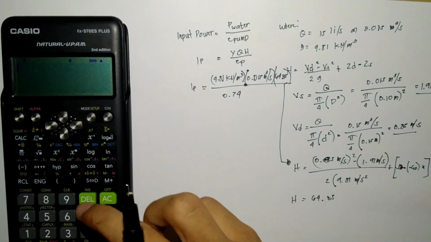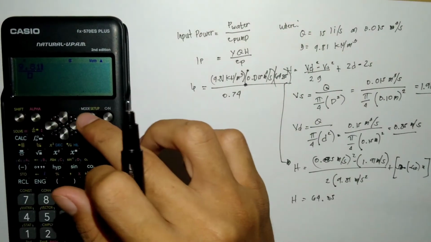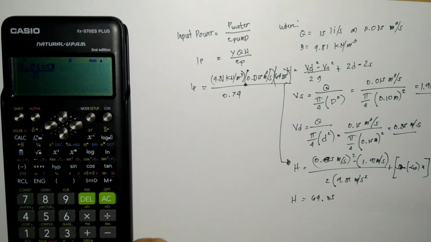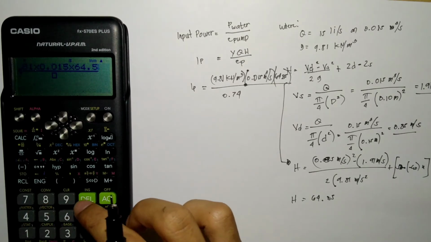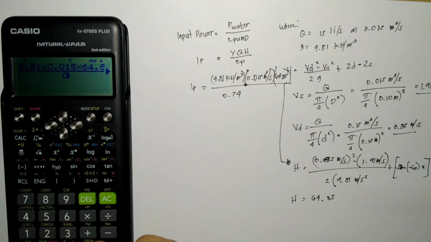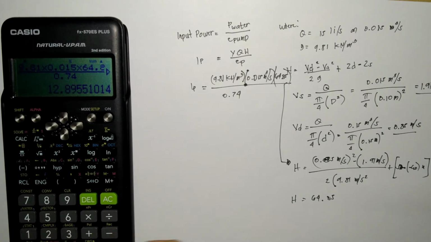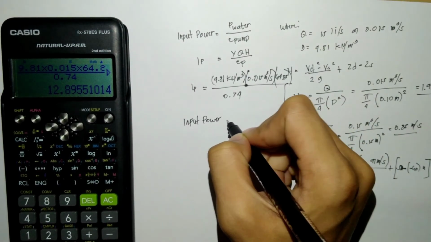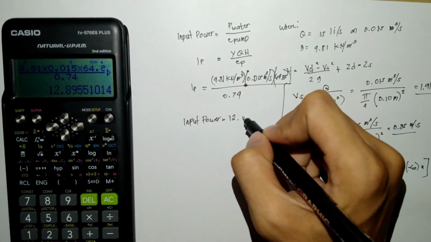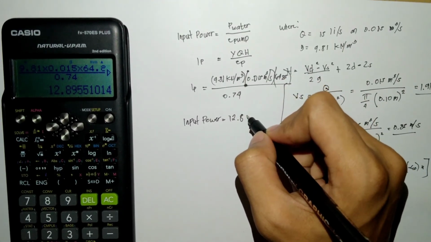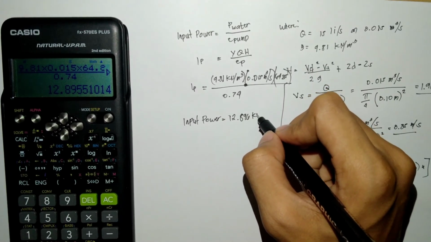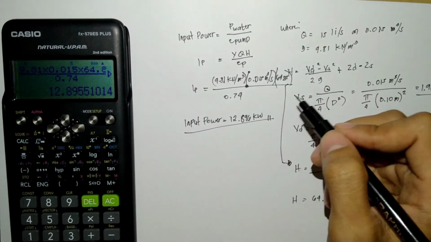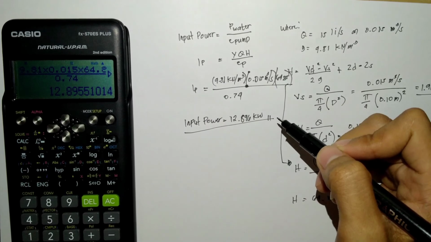So calculate 9.81 times 0.015 times 64.85 all over 0.74. So we have an input power of 12.896 kilowatts. So the answer is 12.896 kilowatts.